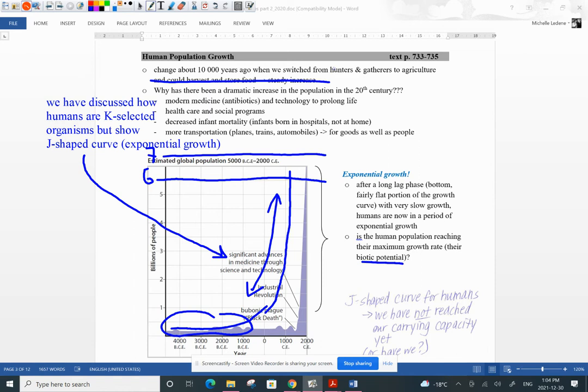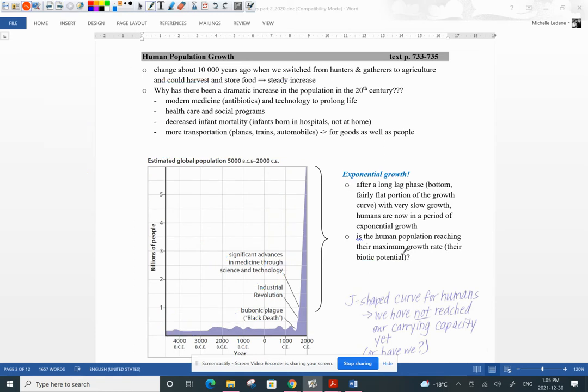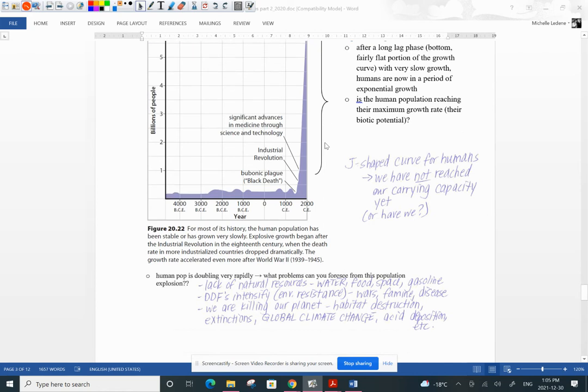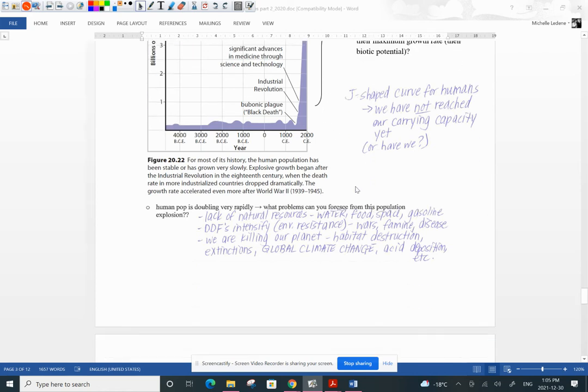We've not reached our carrying capacity, we don't think, but our biotic potential, our maximum population growth rate, is limited by factors like how many offspring we can have per litter, how many times a year we can reproduce, and the age at which we reach reproductive maturity. Those are all built in, or intrinsic, characteristics that define our biotic potential, as opposed to a bacteria, which reproduces once every 20 minutes. Obviously, they are going to have a higher biotic potential because they have a higher maximum growth rate.